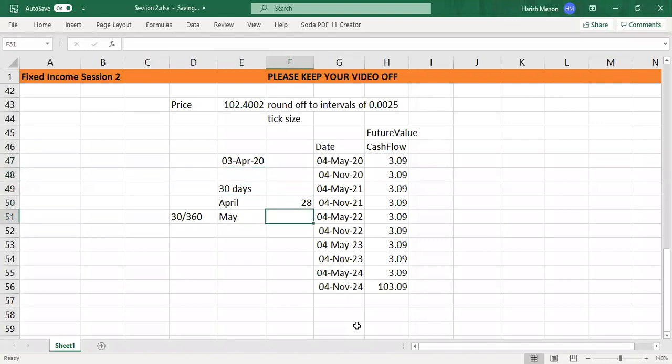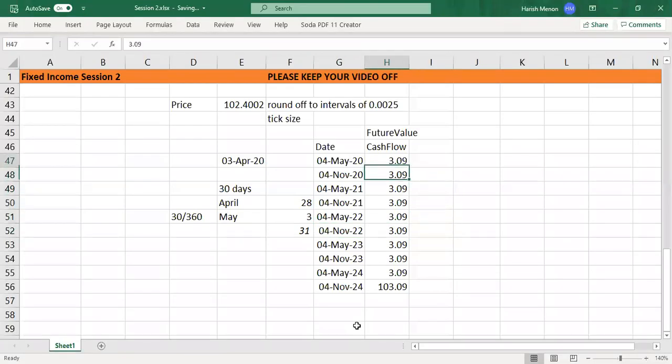And May, 3 days. Only 3. Why 3? Because 4th, you are going to get the coupon. Whenever coupon is given, it is given till yesterday, always. So if 4th coupon date is there, you get the coupon till 3rd, which means the first coupon is 31 days away. You can check this. The first coupon is 31 days away.